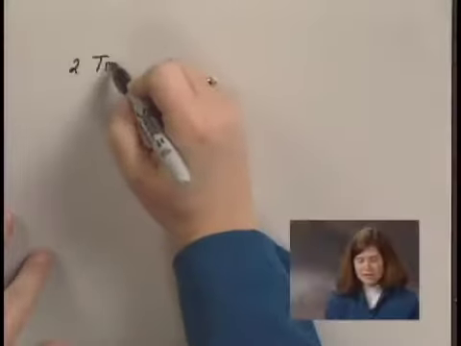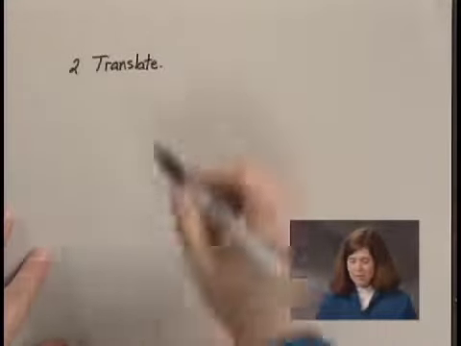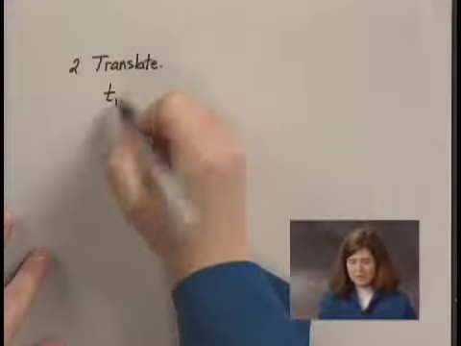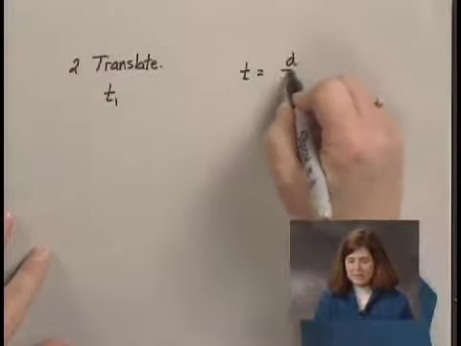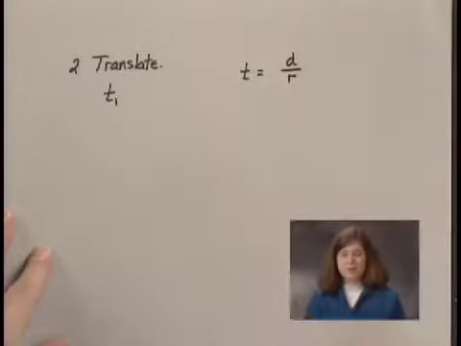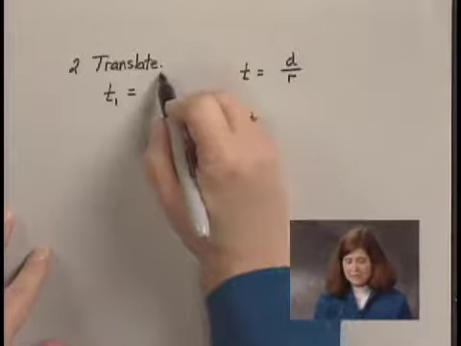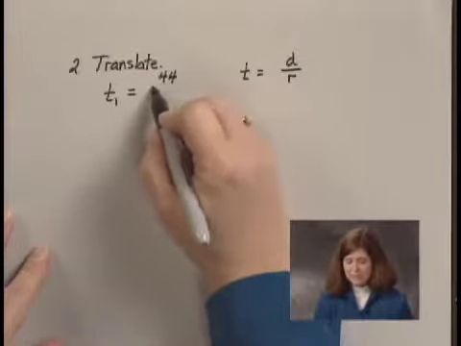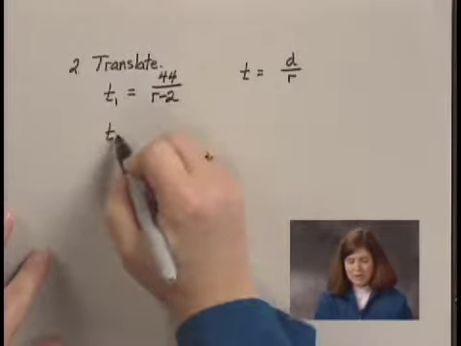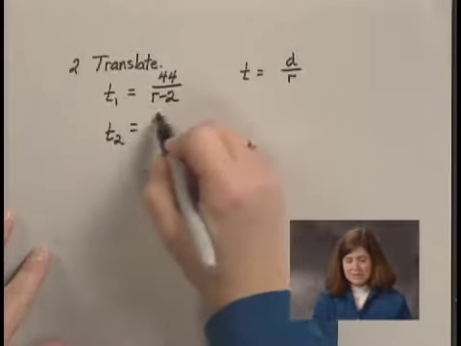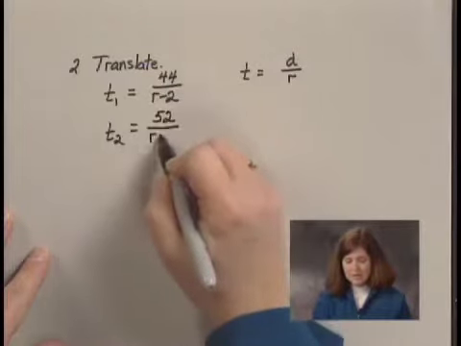So my next step will be to translate. And I translate each row of the table. I'm going to use time equals distance divided by the rate or the speed. The first time, or the time upstream, is the distance upstream divided by the rate upstream. The second time, the time downstream, is the distance downstream divided by the speed or the rate downstream.